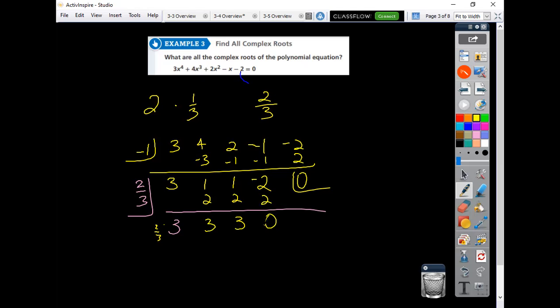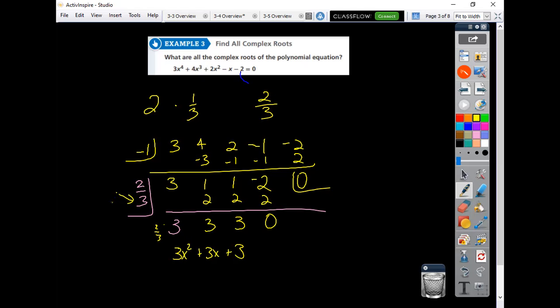So now what do I have? This last thing would be 3x squared plus 3x plus 3, except for the fact that because it was a 2/3 out here, sometimes you have to account for that in there as well. So after you get all of those factored down, what are all the complex roots that you have left after that?